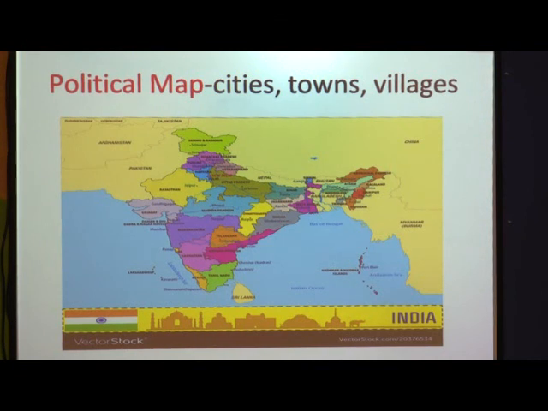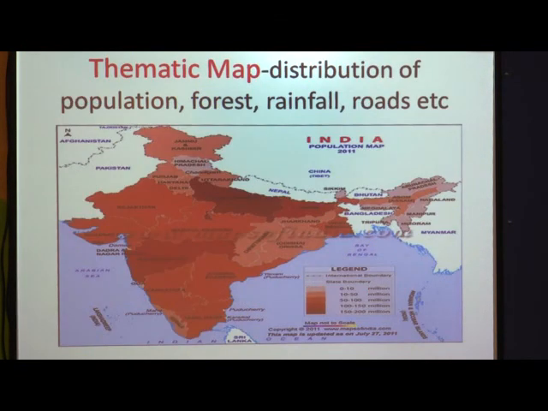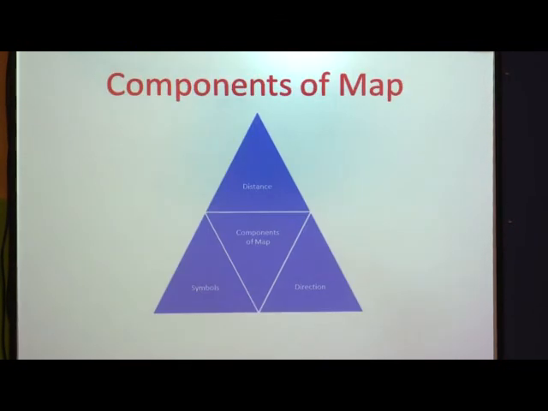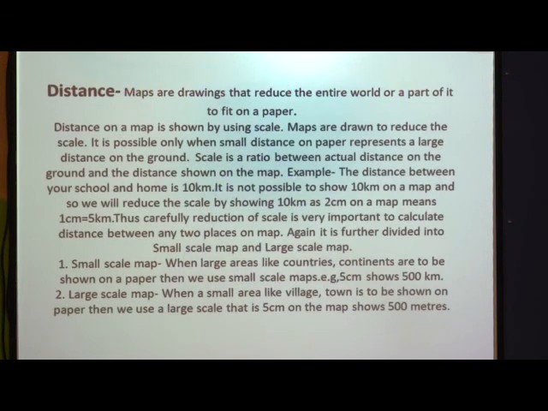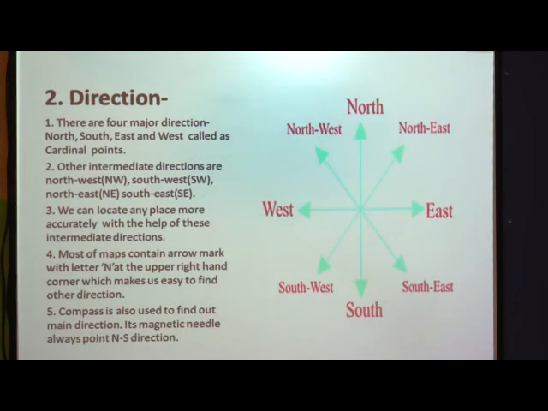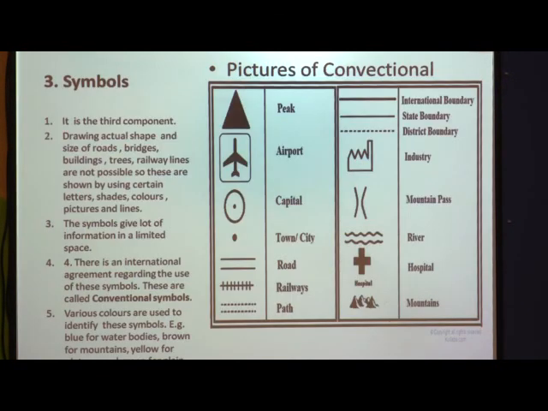Political maps show cities, towns and villages, and a thematic map gives particular information about population, forest, etc. Then we have seen the components of maps, that is 3 components: distance, direction and symbols. These 3 are the main components which every map should have.